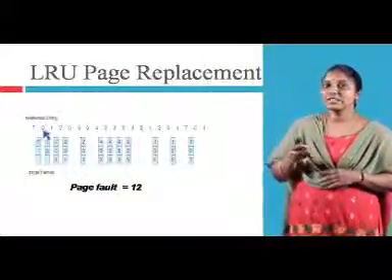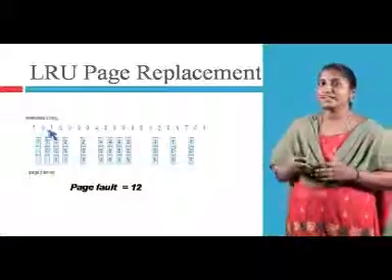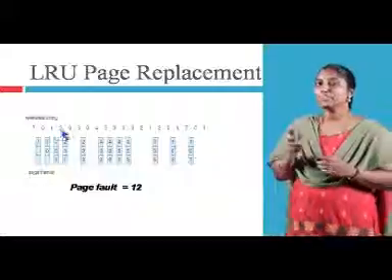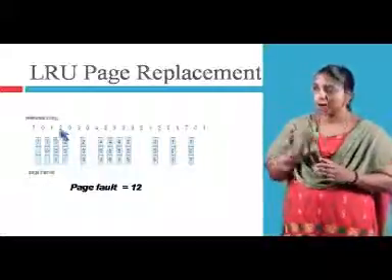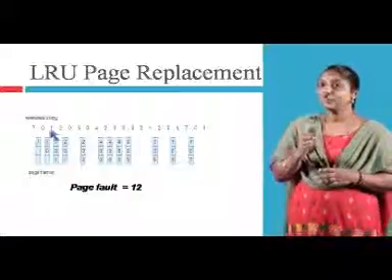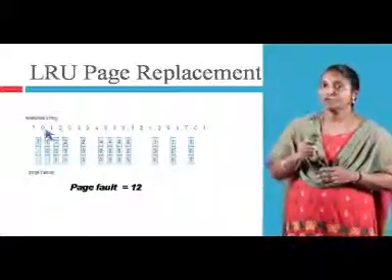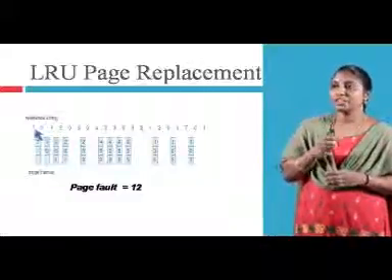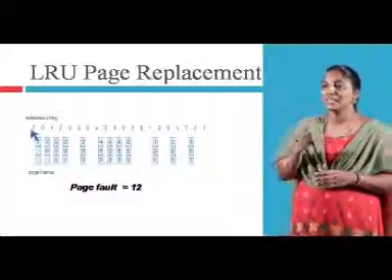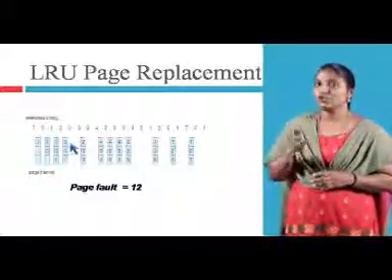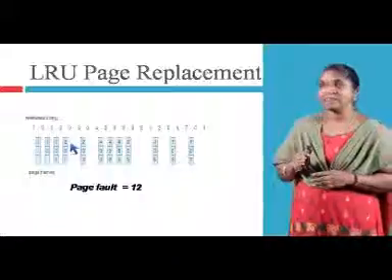See here, 7, 0, 1 will be loaded, as you know already. When page 2 comes, the page which was not used in the past for the longest period should be replaced. 1 was referred in the past, 0 was referred in the past, but the earliest referred page is 7. So 7 should be replaced by page 2. Page 2 is loaded, and 0, 1 are there in the physical memory.